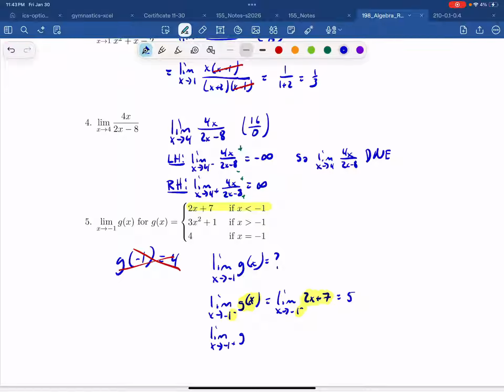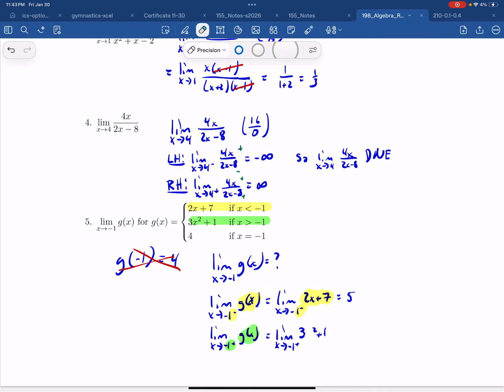We do the same thing, but we plug in -1 into the positive part of the graph, which is this guy. And at this point, we can plug in -1, and we get 4.